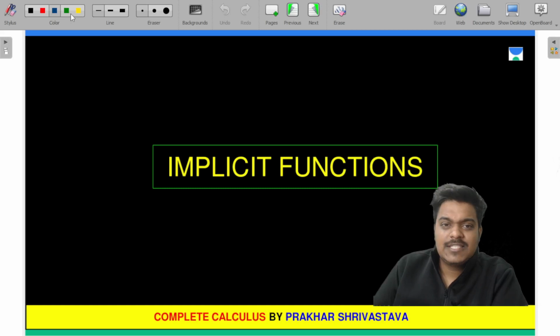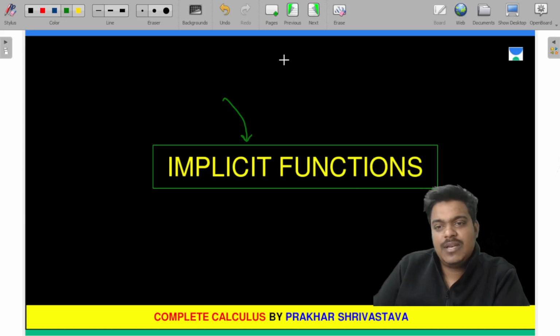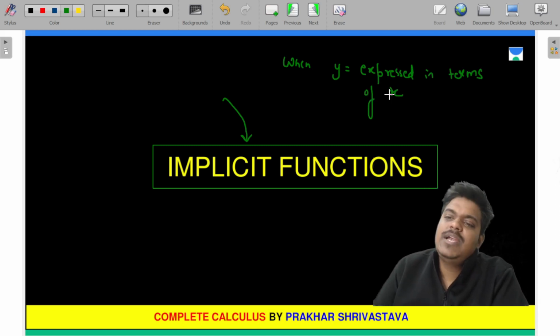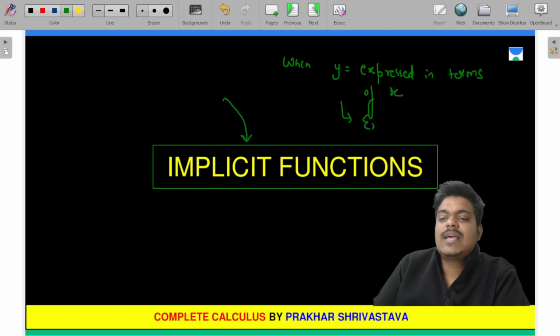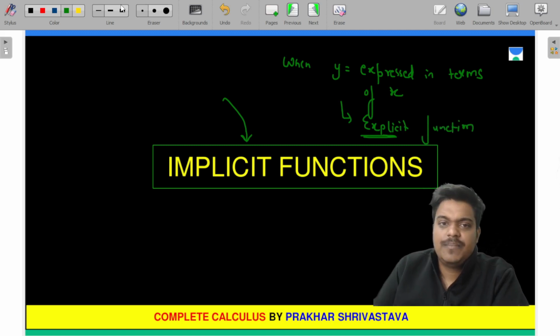Okay, so now let us move to the next topic, implicit function. I'll give you a brief idea about what you mean by implicit function. When y is clearly expressed in terms of x, this is known as explicit function.